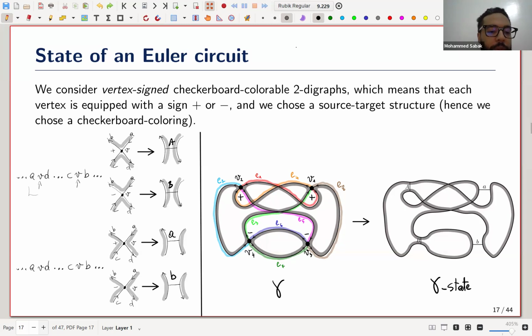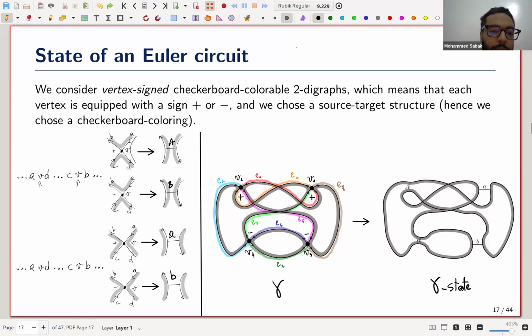So the first appearance of V, we have an edge A before V, then an edge D after V. So this is the first visit of the vertex V. So here actually we are coming from A to B.